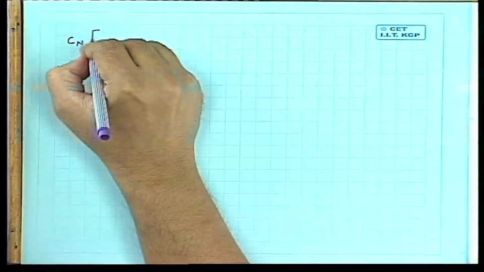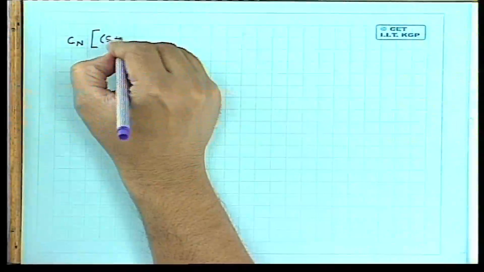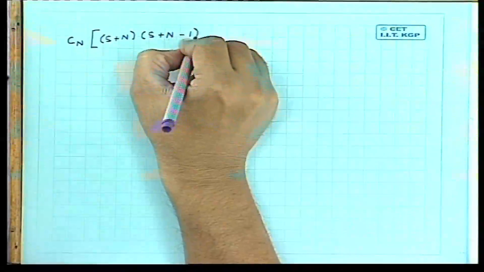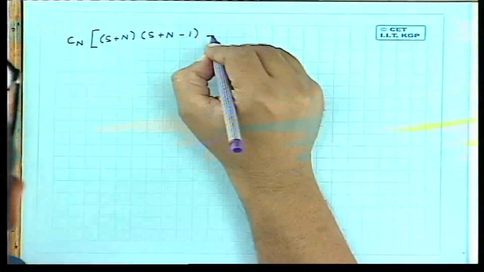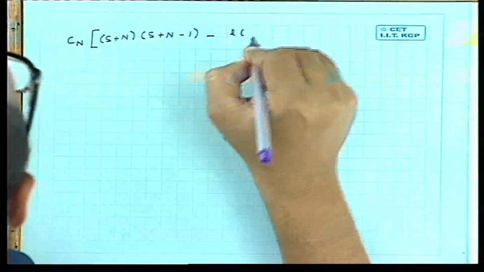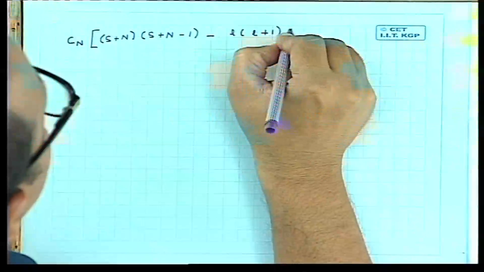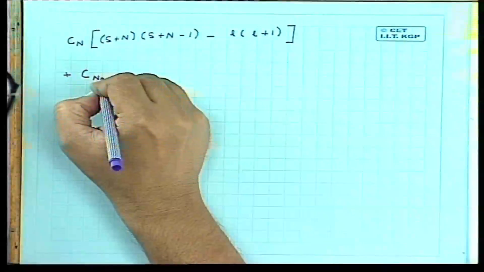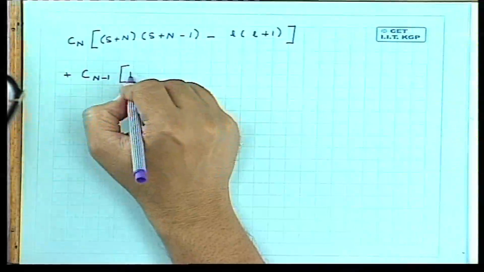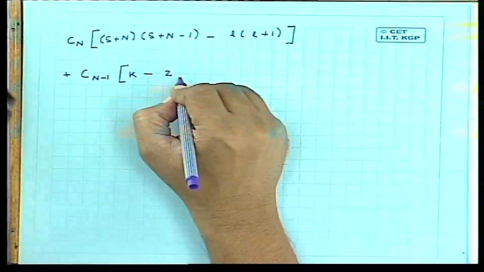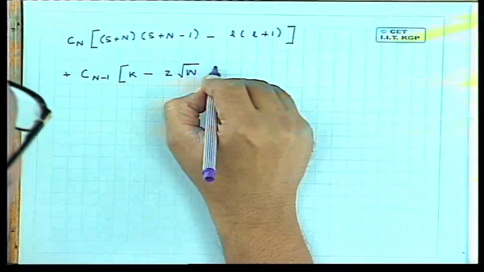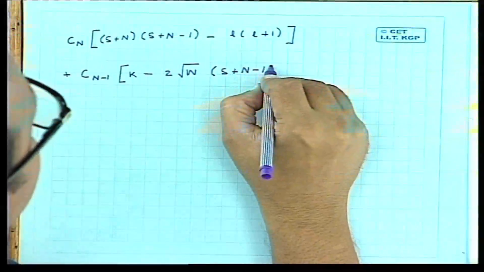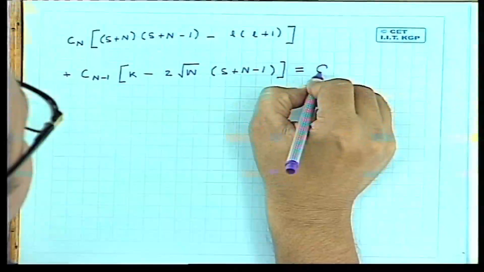Cn into (s plus n)(s plus n minus 1) minus L(L plus 1), plus C n minus 1 into (k minus 2 square root of w)(s plus n minus 1), this is equal to 0.